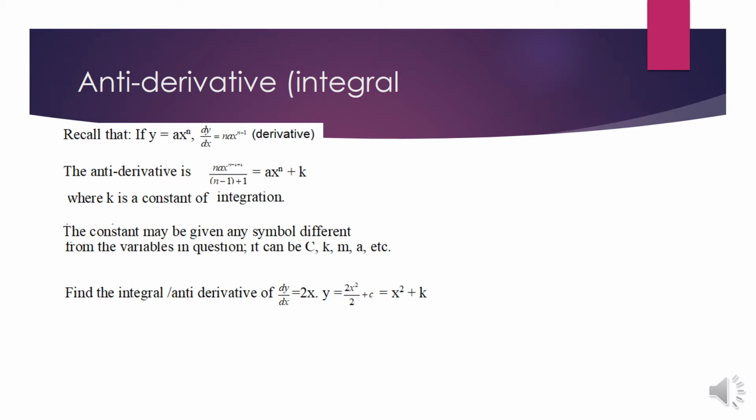So 2x to power 1, when we step up the power by 1, it becomes 2x squared. Then we divide by the new power 2, plus c, and this will be x squared plus k, where k is the constant.